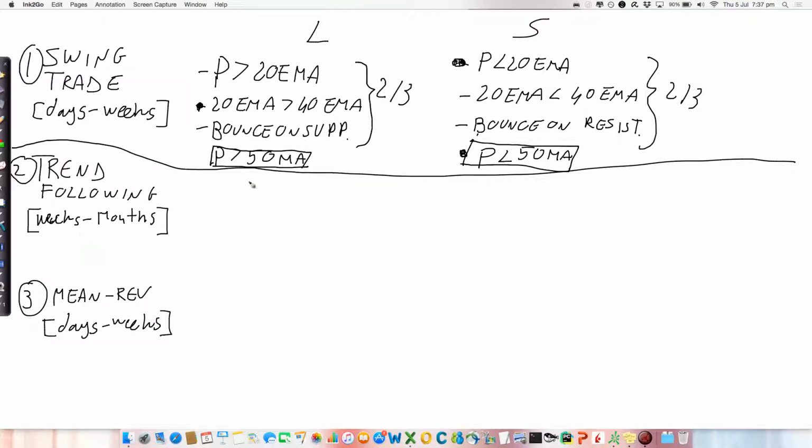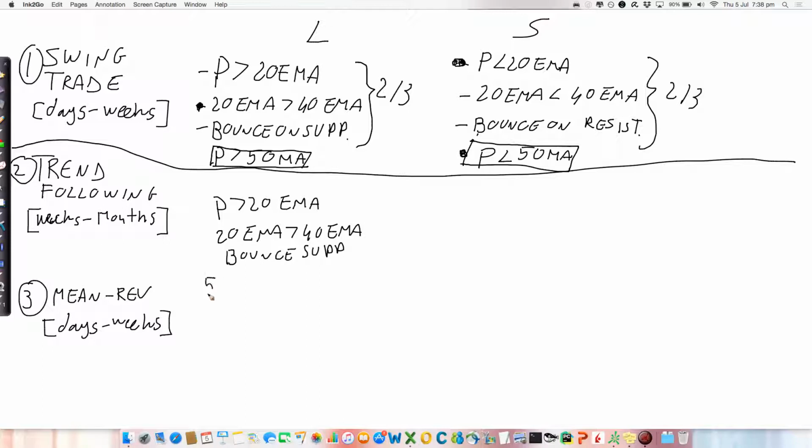Trend following. So for trend following, again, we check price above the 20 EMA. Okay. Then we check 20 EMA above the 40 and the bounce on support. What we replace is the fourth condition. So the fourth condition, that is the medium-term trend, we do this.